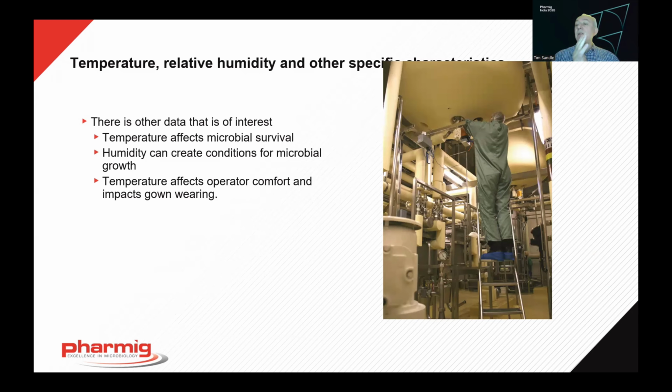We've always got this balance between what's comfortable for the operator as well, because if we put operators under conditions that are too hot and humid, they are going to sweat more, and that's going to reduce the integrity of the clean room and lead to greater release of skin detritus, and a chunk of that skin detritus is going to have microbial carrying particles on it.